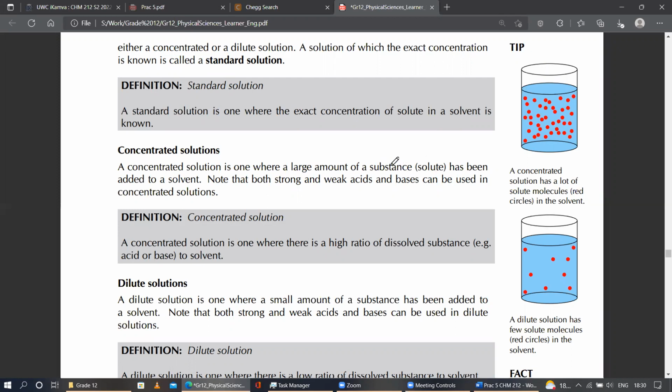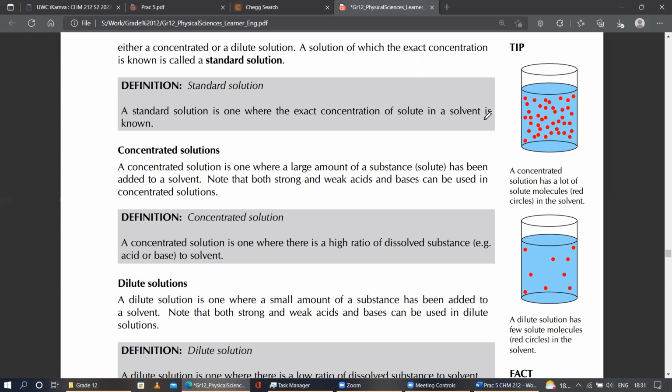In this particular case, the solute is an acid or a base, and the solvent is our water. So a standard solution is one where the concentration of the acid or the base in that water is known.